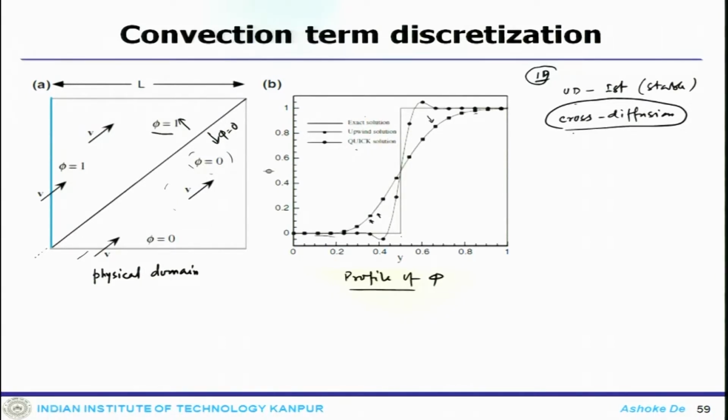One can have an approximate expression for the cross diffusion term, which was given in the literature, such that the false diffusion term can be estimated as rho v magnitude delta x delta y sin 2 theta divided by 4 delta y sin cube theta plus delta x cos cube theta.